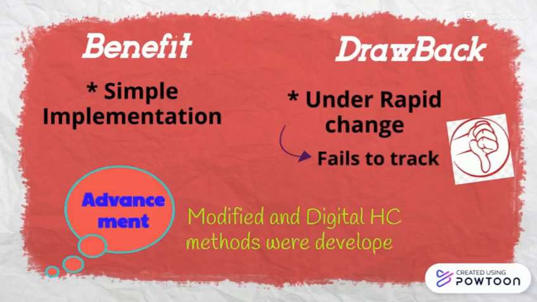So, the HC algorithm provides an advantage in its simplicity of operation. The drawback of this method is that it fails to track the MPP under rapidly changing environmental conditions. So many researchers such as Zio and Dinford introduced the modified adaptive hill climbing MPPT method and digital hill climbing method combined with a bidirectional current mode power cell for space applications.